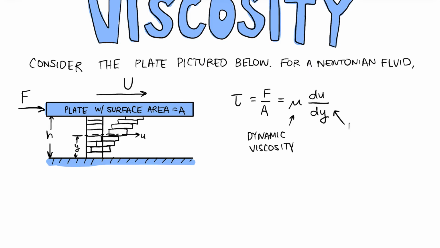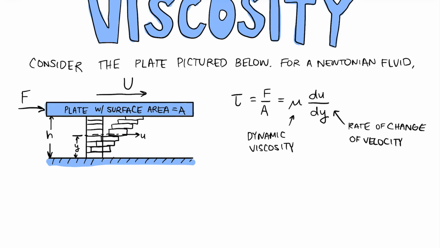And this term is our rate of change of velocity. Now, for most lubricants, we're going to get the gradient that we have shown here, a linear velocity gradient.